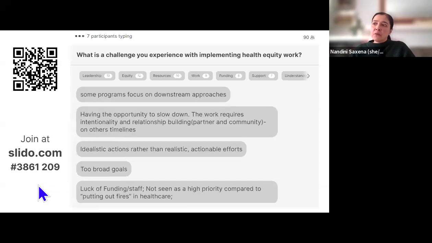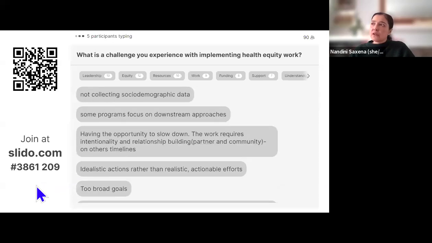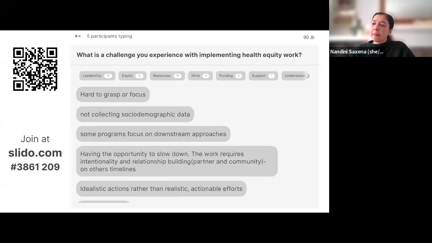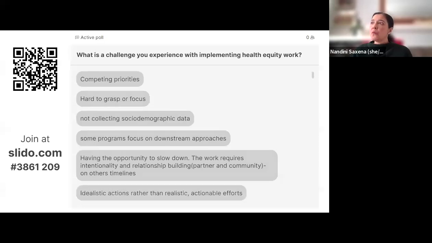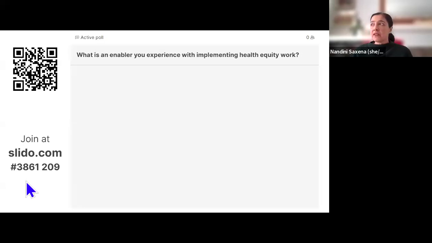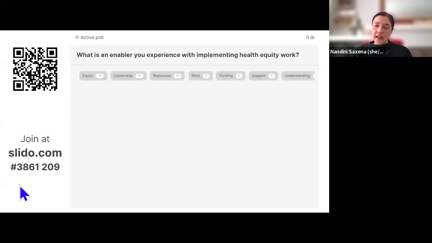I'll just wait a couple more seconds and then I'll move us on to our next poll, which is the contrasting question, which is, what is an enabler that you experience with implementing health equity work in your context?